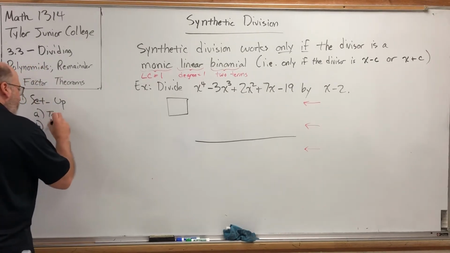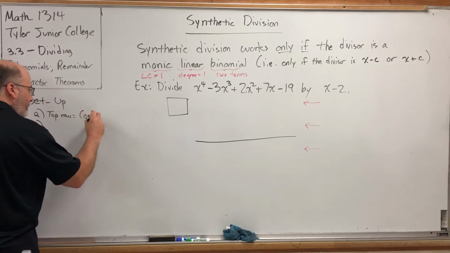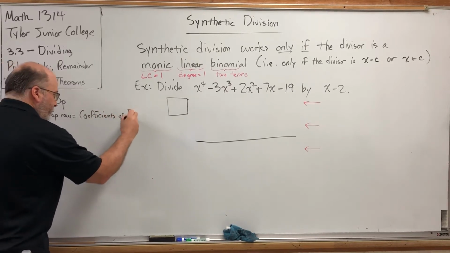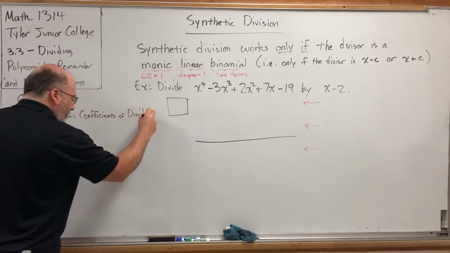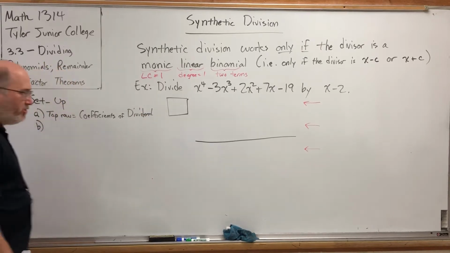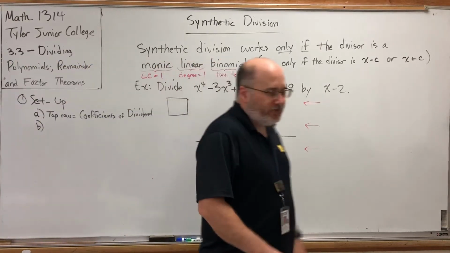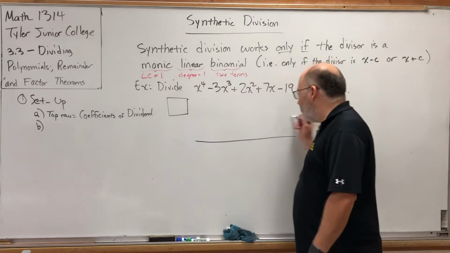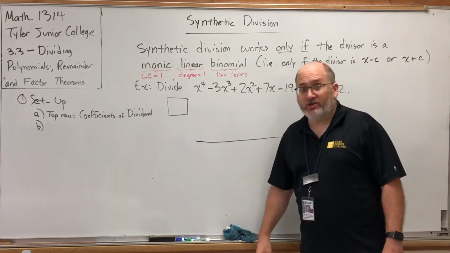The top row equals the coefficients of the dividend. Translation. Take the polynomial you are dividing into and write the coefficients. Essentially, you're removing all the x's.